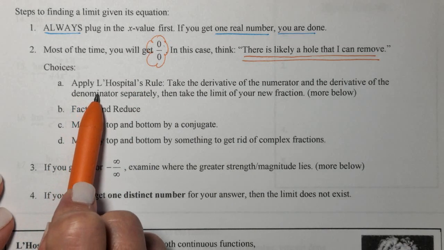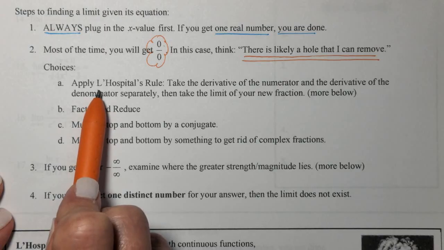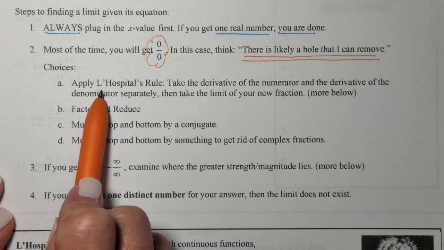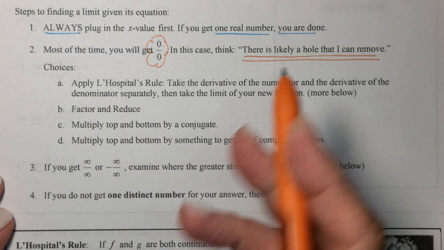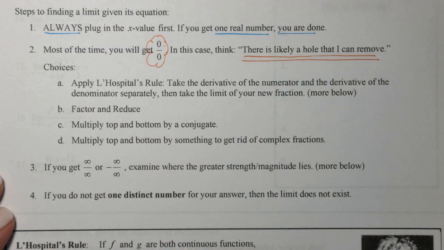Apply L'Hopital's rule. Okay, when we first began limits in pre-calculus, we didn't teach you L'Hopital's rule from the get-go because we needed derivatives for that. But now you know some basic derivatives, so L'Hopital's rule is in play, and that is super convenient.